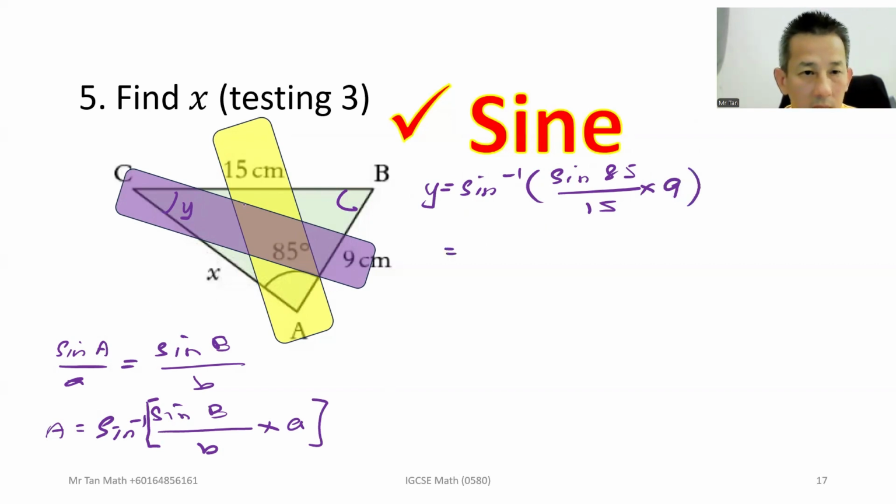In this case, I will use this as A, this as a, this as B, and this as b.